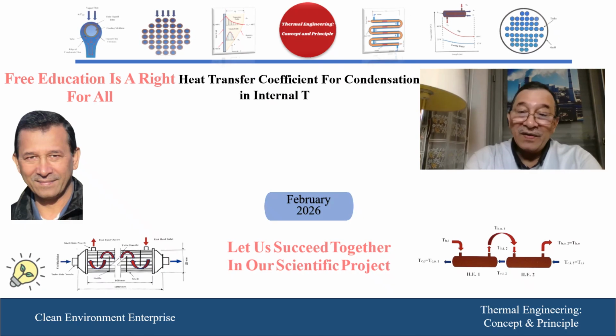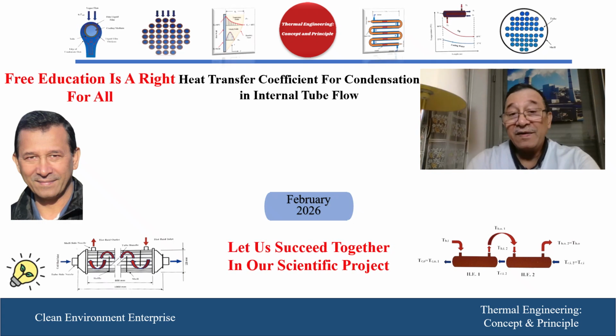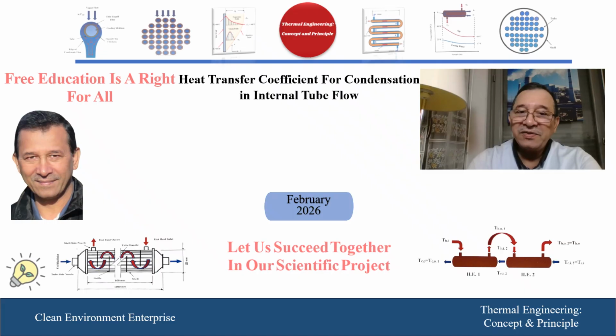The prediction of condensation process and the performance of a heat exchanger is mainly based on the heat transfer coefficient and how accurate it has been predicted. Condensation can occur in different orientations: vertical, horizontal, single, or tube bundle.